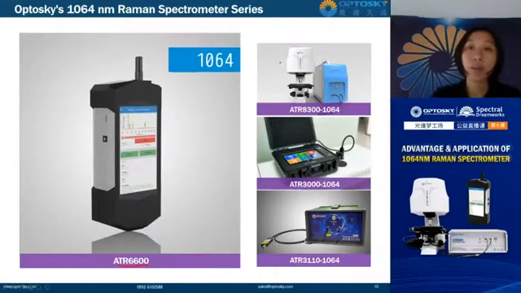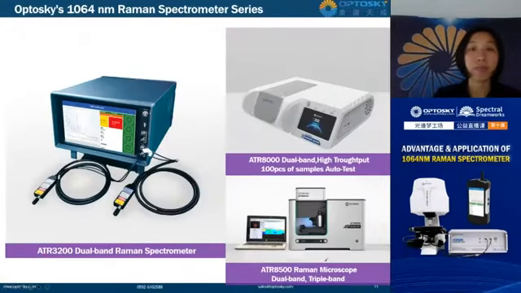And also we have a portable ATR Raman microscope and a portable ATR 3000 and ATR 3110 series. And also we have a dual band Raman spectrometer, also installed with 1064, and the ATR 8000 dual band high throughput Raman spectrometers. And we have a Raman microscope. This one can also be installed with dual band and 3-band.